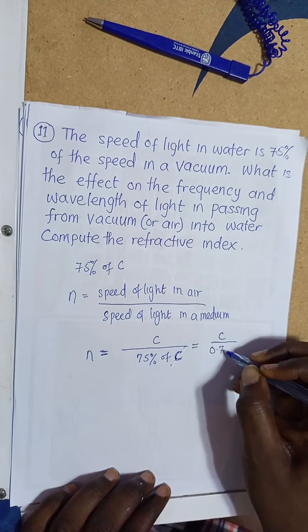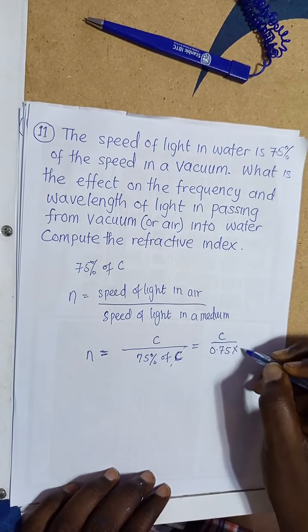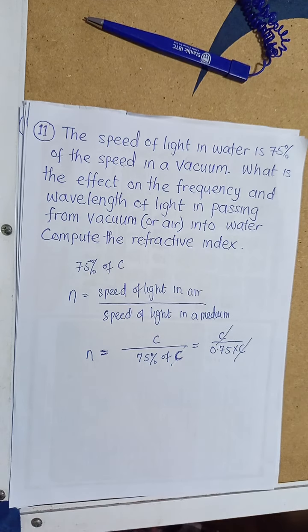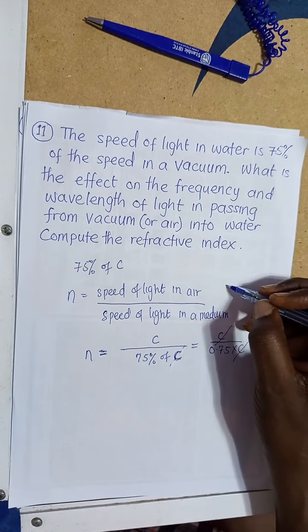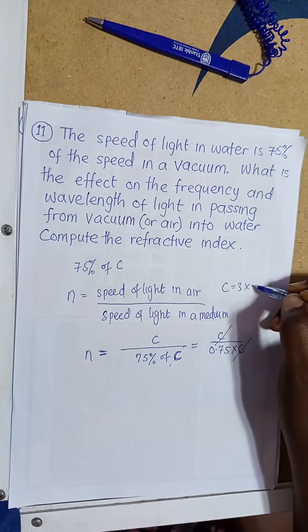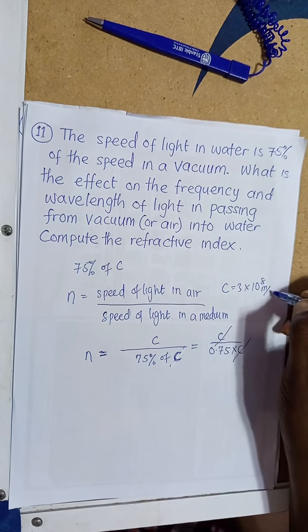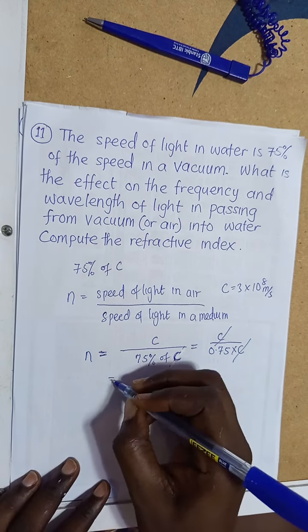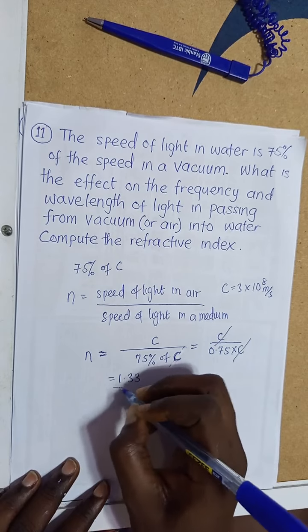Now it is 0.75 times C. So we cancel C. C is the speed of light in air, and don't forget, C is 3 times 10 to the power 8 meter per second. So we are going to have 1 divided by 0.75, like 4/3, which is 1.33 approximately.